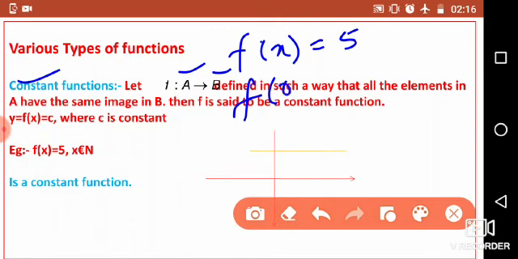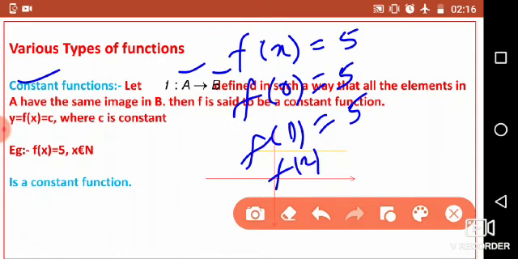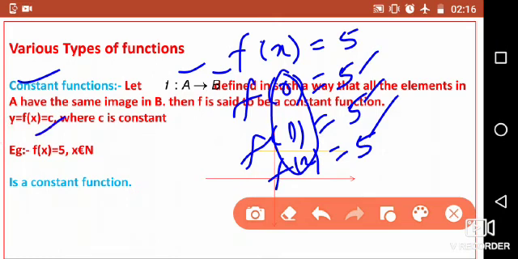F of 0, the image of 0, is 5. F of 1, the image of 1, is also 5. F of 2, the image of 2, is also 5. For any value of x, the image of all these elements is 5. Such functions are called constant functions.